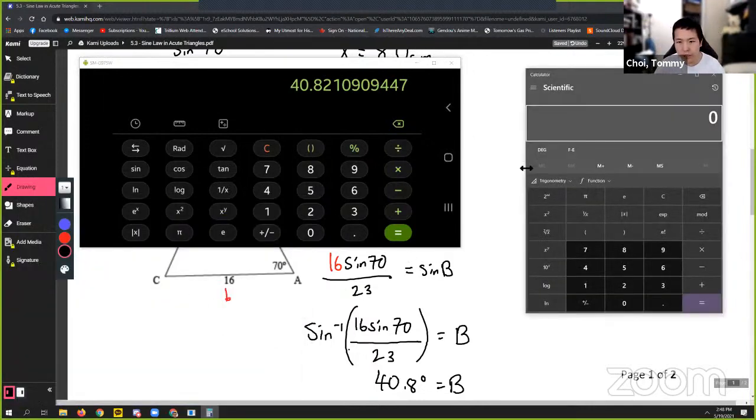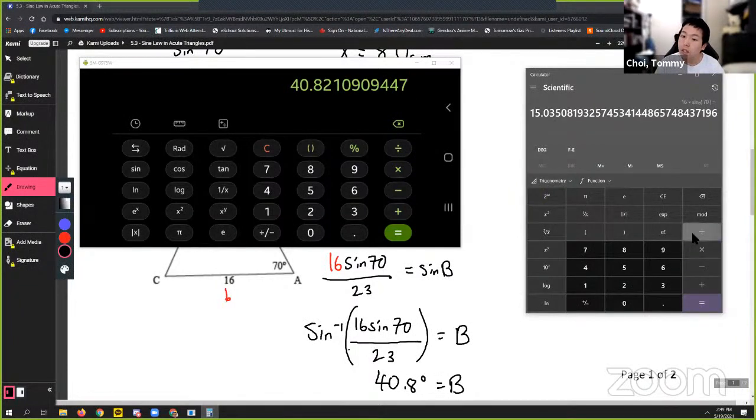For iPhone calculators, it gets a little bit more tricky when you start doing this kind of stuff. You're going to do the inside of that first. So we're doing the 16 sine 70 divided by 23. So we do 16 times 70 sine, equals, that divided by 23 equals, and then sine inverse of that is our answer, 40.8.